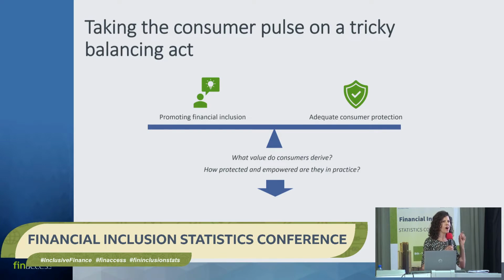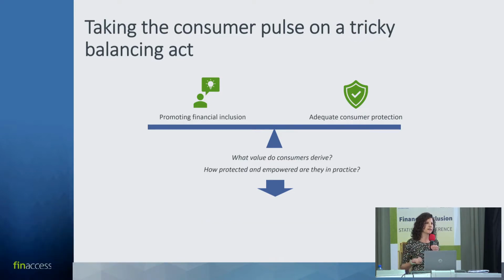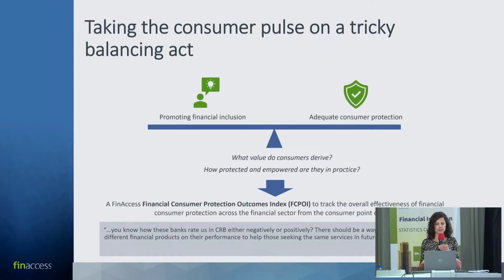You want to know, are they actually getting value from what they're using? You want to understand the quality of the usage of financial services that you see in your country. You want to understand how protected and how empowered consumers are in practice. And that's basically what we set out to do through this deep dive.